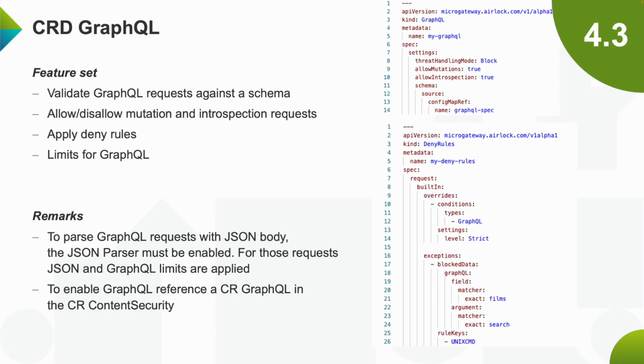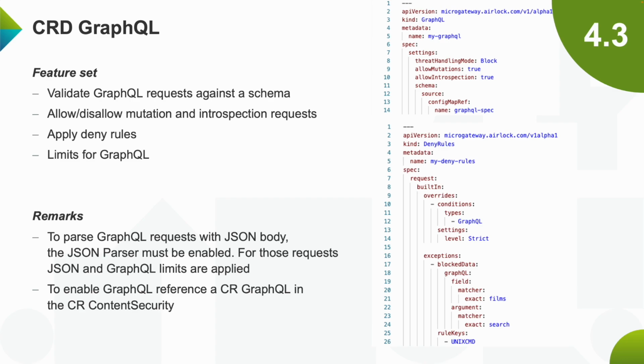The GraphQL query is sent in a parameter named query to the server. Technically, it is possible to send the GraphQL query parameter as query parameter or in a JSON body.